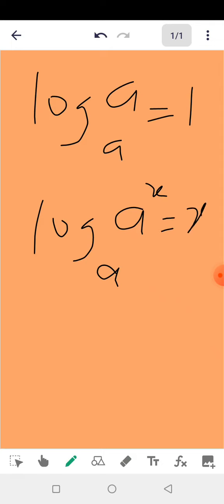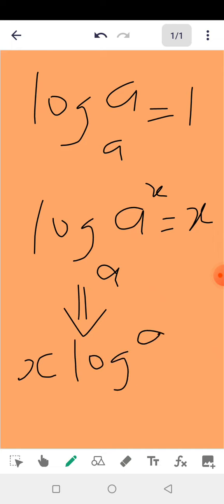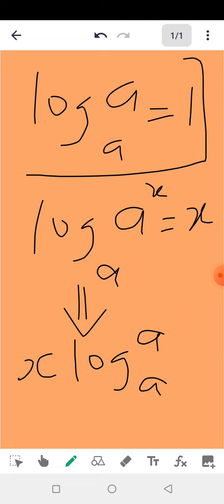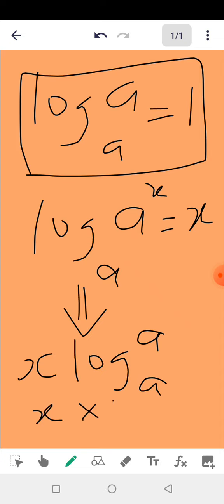In case you are wondering how this is, this expression can be rewritten by taking the power x to the left-hand side as x log a base a. We just said that log a base a is 1. So if I replace log a base a with 1, I finally get x.